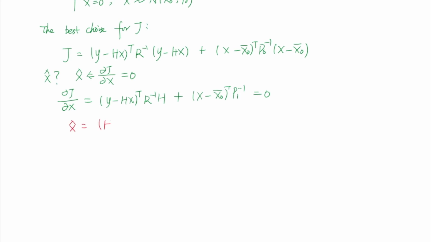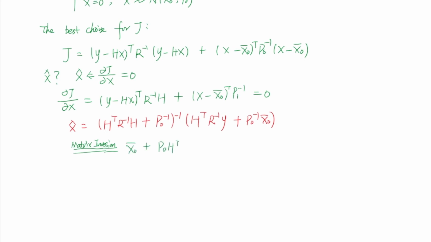If we solve for x hat, the expression is the following. If we use the matrix inversion lemma, we can obtain an alternate format of this expression as the following.